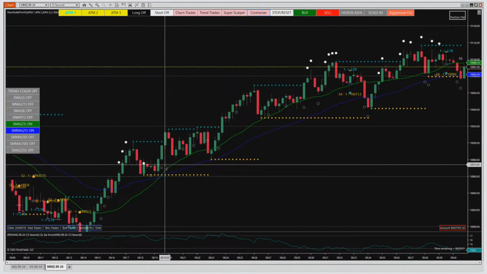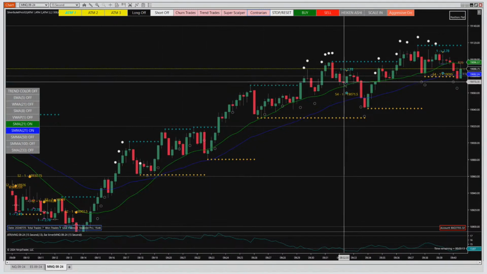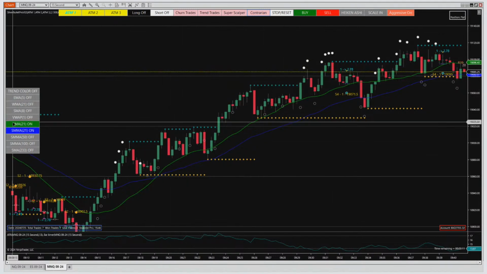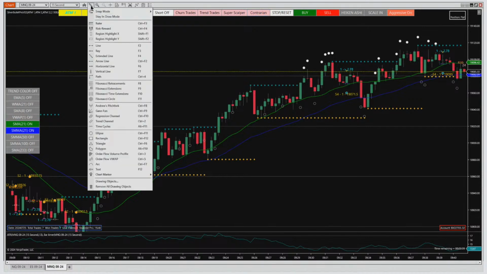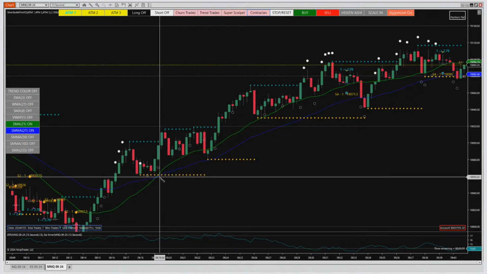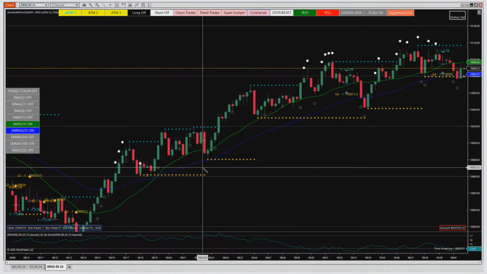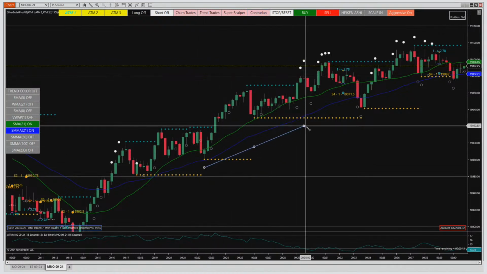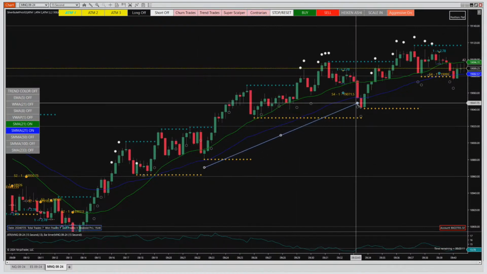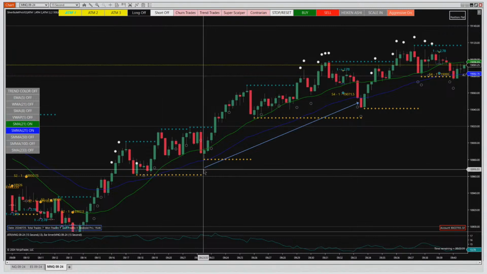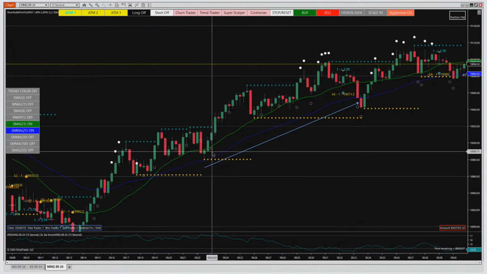These two have to be parallel. So from here to here, I would say there was a crossover here. You would have realized that it has crossed somewhere here. From this point to this point, it was a very good time to take long trades.